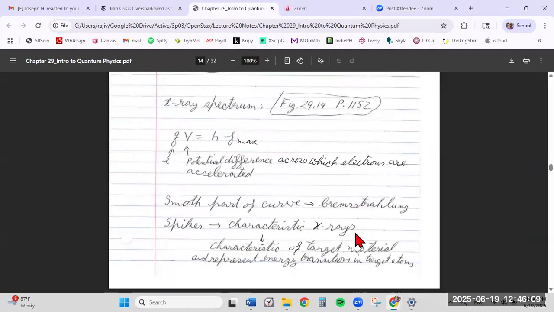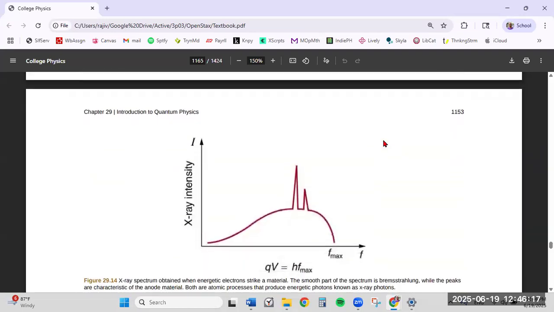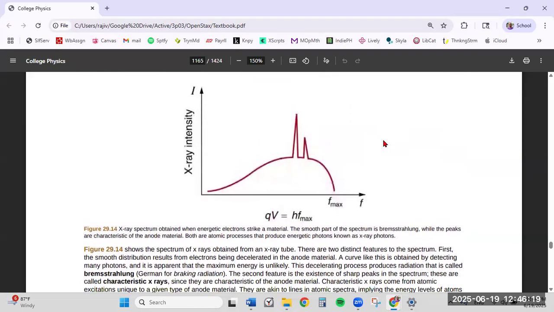So you can have different possible frequencies, and that's shown in what's called the X-ray spectrum. This is the X-ray spectrum. On the y-axis, you have the intensity of X-rays, as a function of frequency.